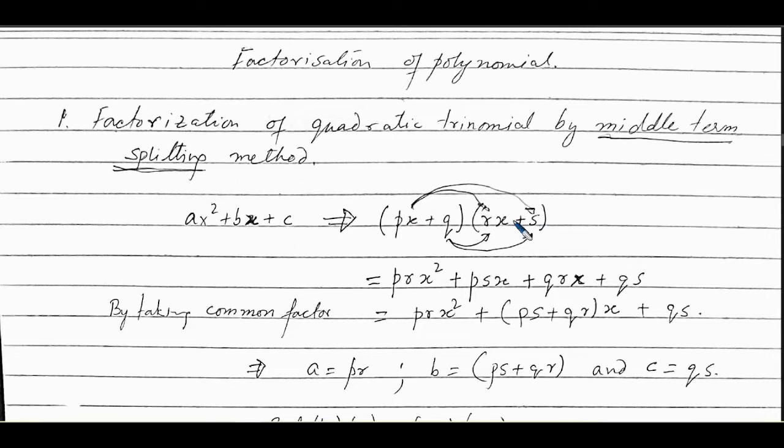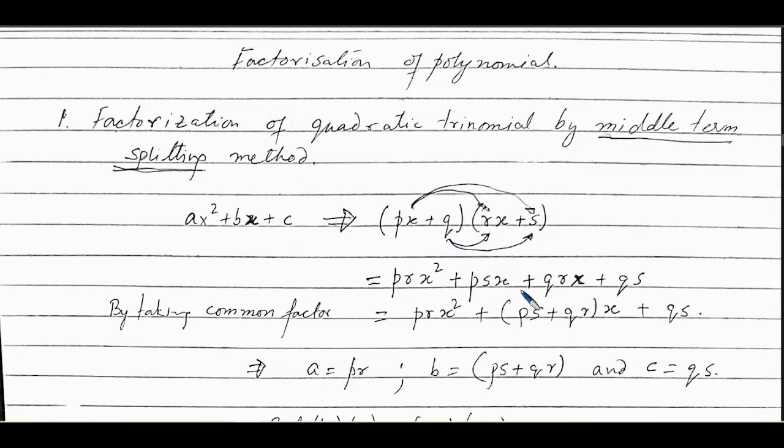So there are two linear factors, each of degree 1. If you multiply two equations of degree 1, you get a degree 2 equation. And this a, b and c can be expressed in terms of p, q, r and s. We'll see how one gets it. So this is px plus q into rx plus s. I take this px, multiply by this, then add, multiply by this, then take q and multiply by this, and this.